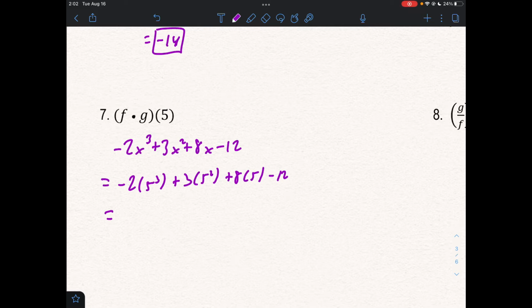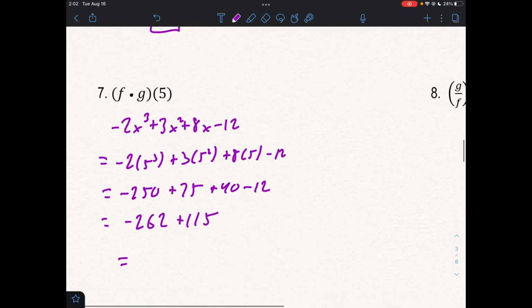So that's negative 2 times 125, or negative 250, plus 3 times 25, or 75, plus 40 minus 12. So that's negative 262 plus 115. That's negative 147.